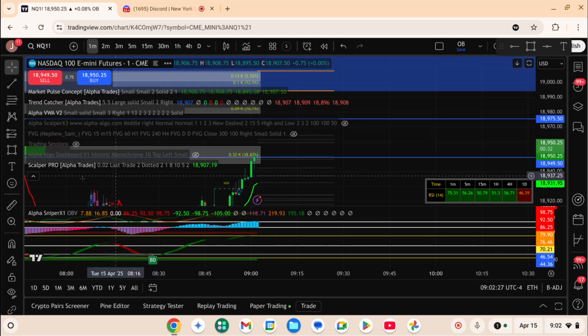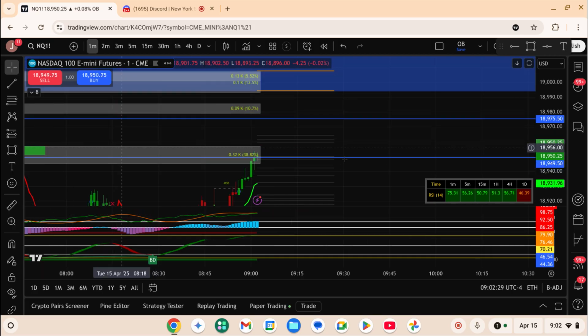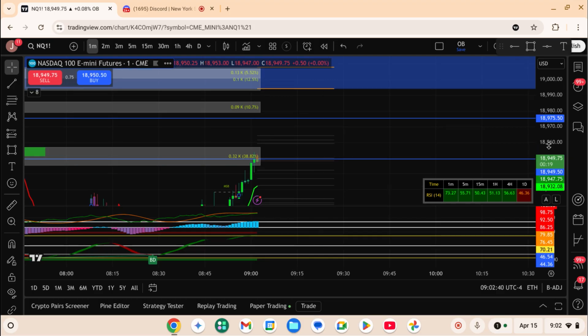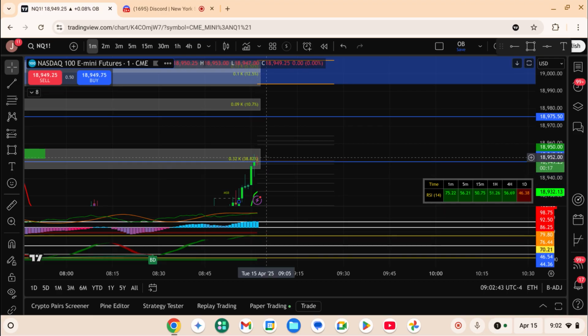Let me turn that off. That looks better. Yeah, within this blue box from here to here. If we close like around here, we'll take one contract. We'll put our stop below around here.